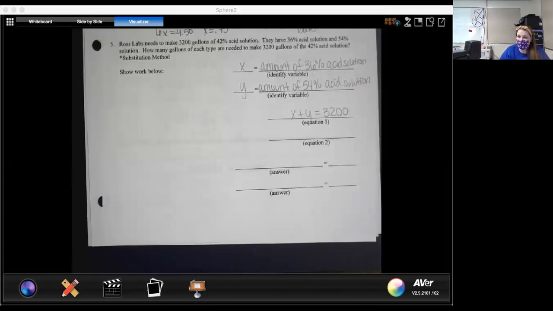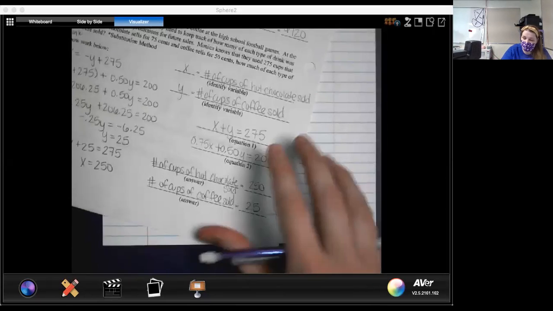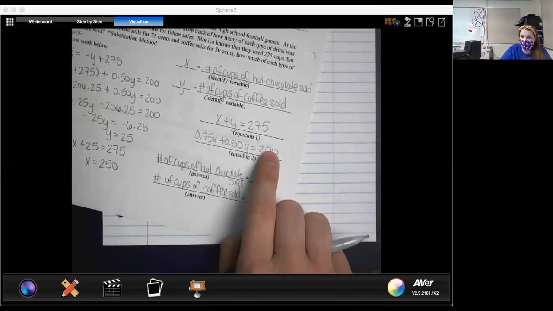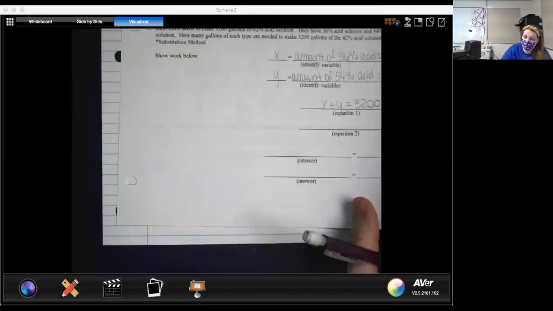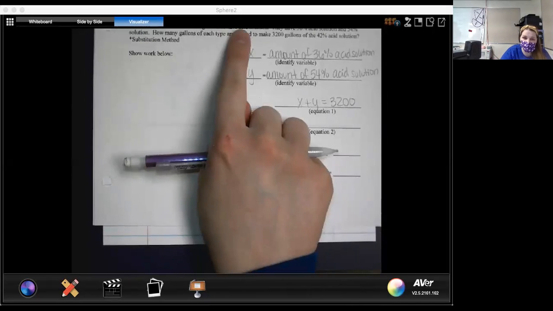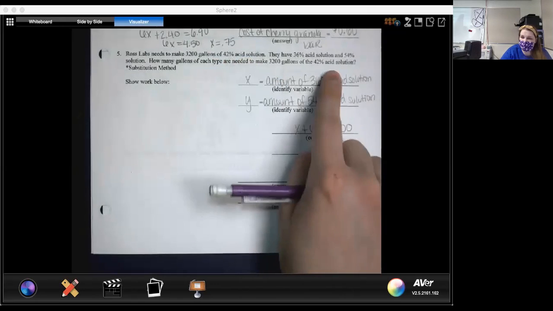Now, the next one is going to resemble the money question on number 3, but it's not going to be the exact same. Let's look back at number 3 real quick. On number 3, we had the cost of the hot chocolate, the cost of the coffee, and the total, how much they made. So if we're trying to find 3,200 gallons of a 42% acid solution, we need to know the different solutions.